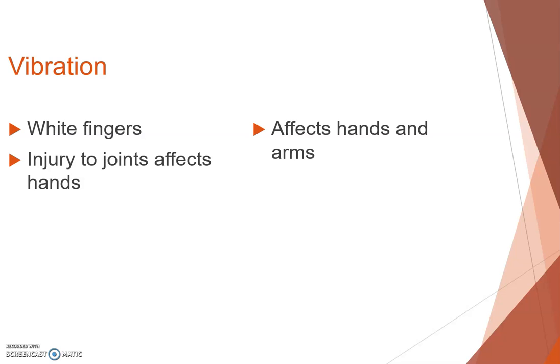It can also cause injury to the joints, usually the joints in the hands, arms, elbows, and shoulders. Vibration is a very important health hazard in some of the industries.